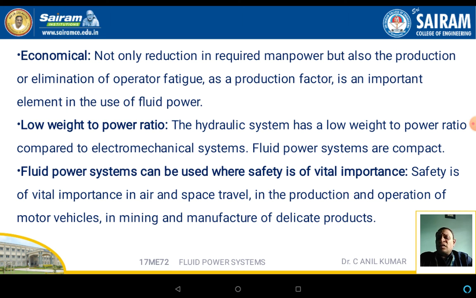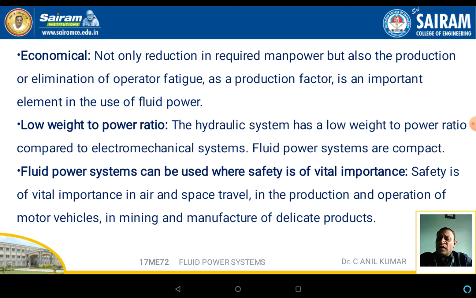As the components are minimal, the system is economically cheaper compared to other systems. Not only is there a reduction in manpower, but operator fatigue can also be overcome, by which production can be increased.